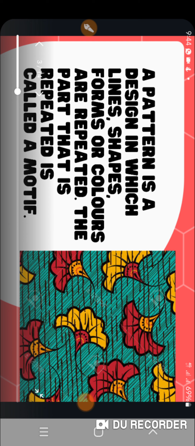Okay, next person. One image, I like that. While a pattern is an image repeated several times.